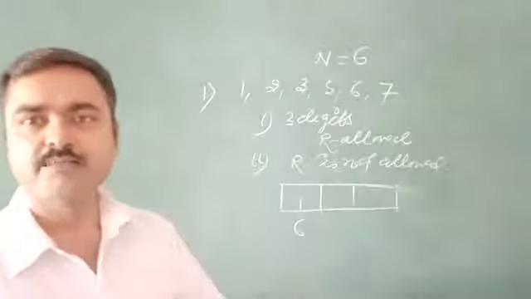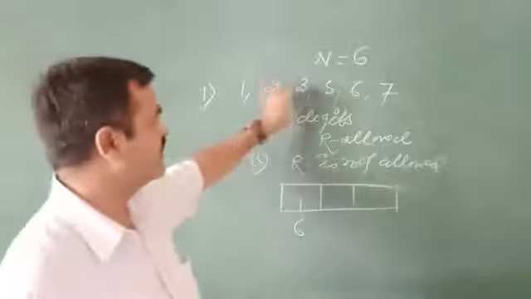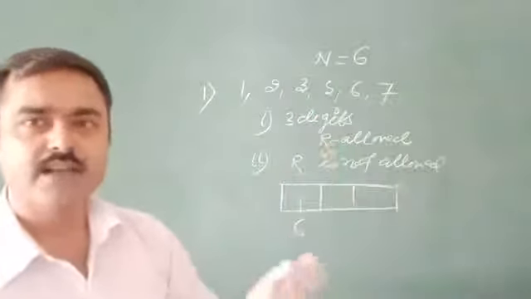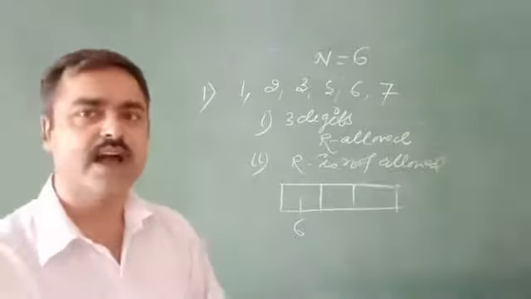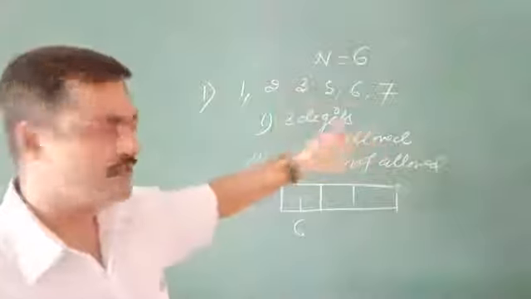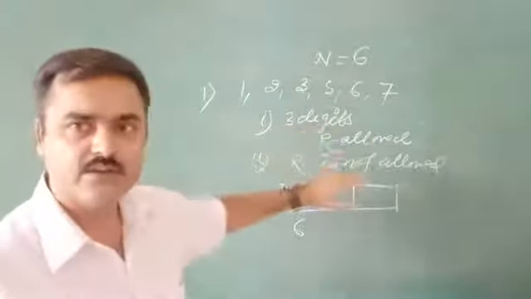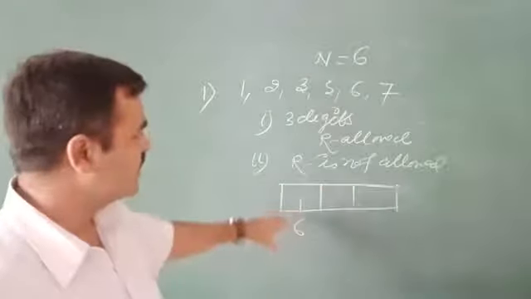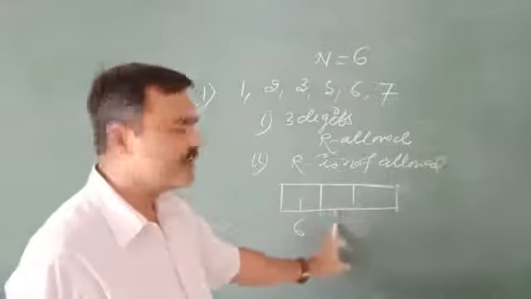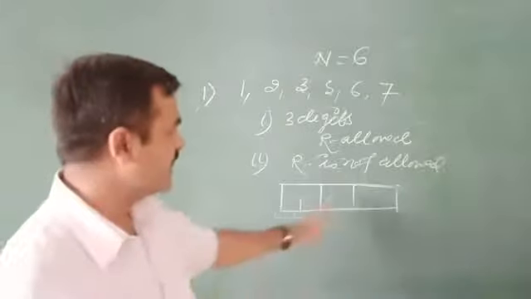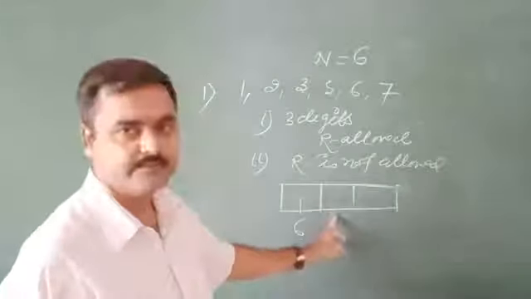Now, how many digits are remaining? 5 digits are remaining. If repetition is not allowed, then out of 5 digits, 1 digit can be placed here.